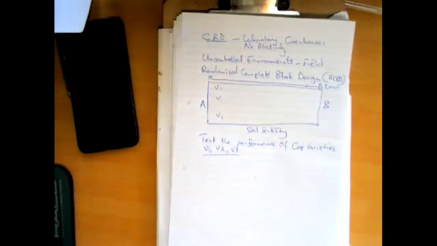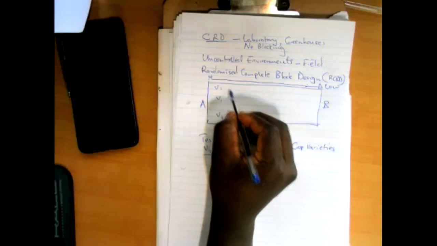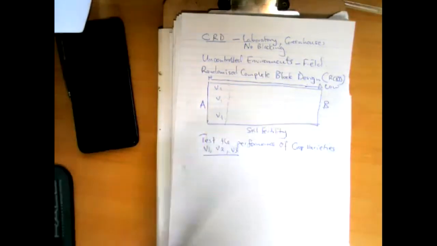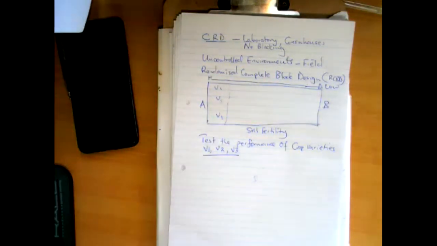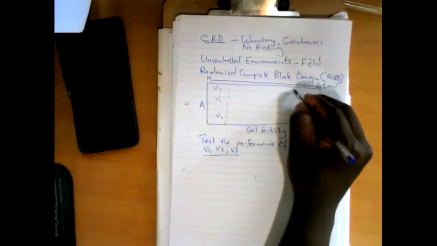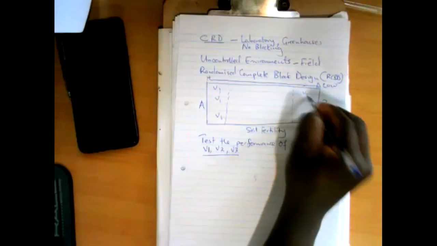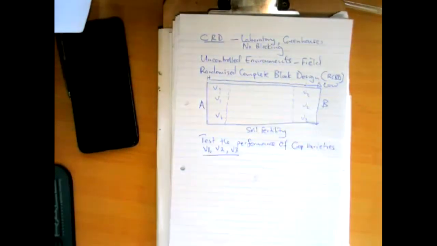If we are using 3 reps, we may have variety 1 occupying this portion of land that I've demarcated. And if we are using 3 replications, variety 1 has been grown 3 times in 3 plots. So let me assume that variety 2, variety 2, variety 2 occupies that region.